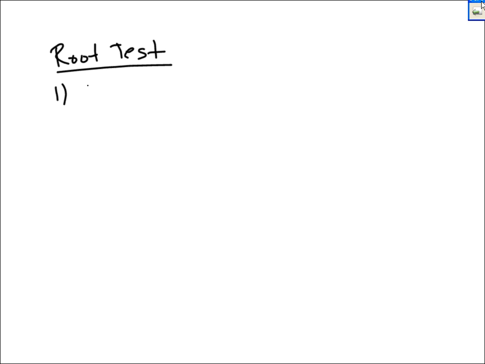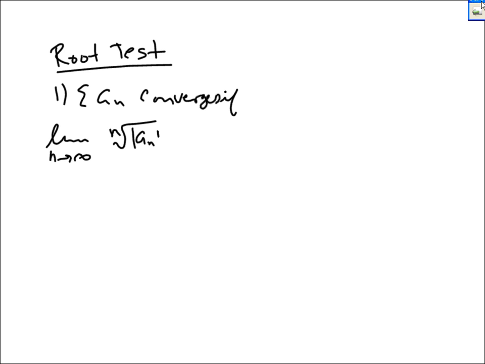It says the summation of a sub n converges if the limit as n goes to infinity of the nth root of a sub n is less than 1. The summation of a sub n diverges if this limit is bigger than 1.